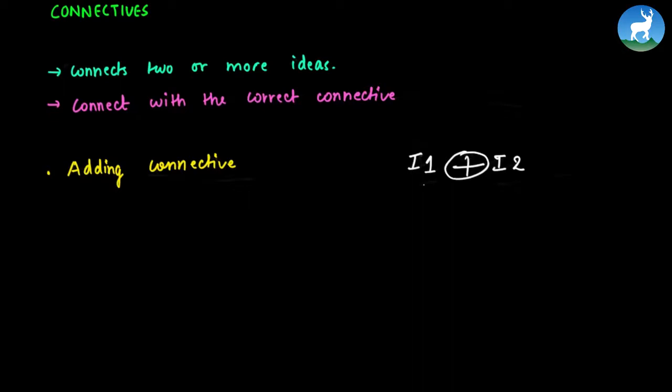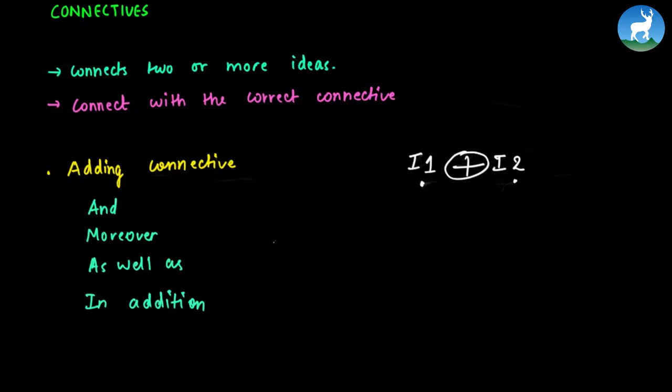So you have two pieces of information, I1 and I2, and you add them with the adding connective. The words can be and, moreover, as well as, or in addition. These connective phrases are used for adding two things up.